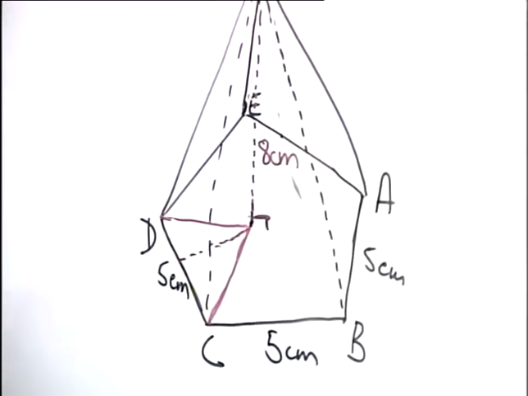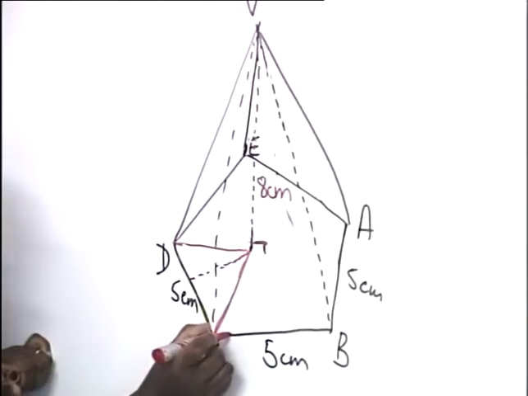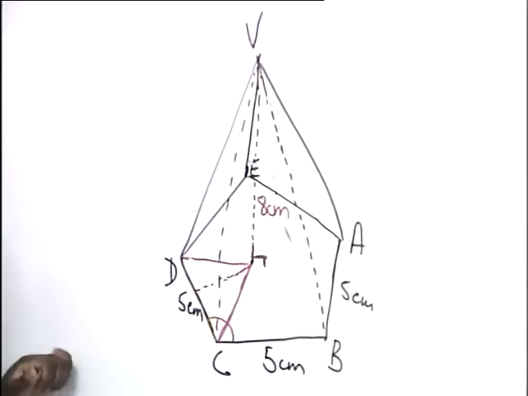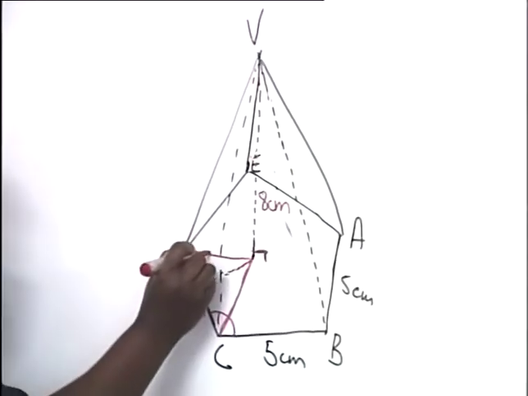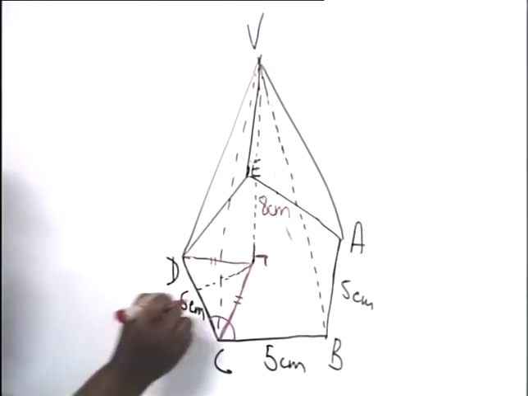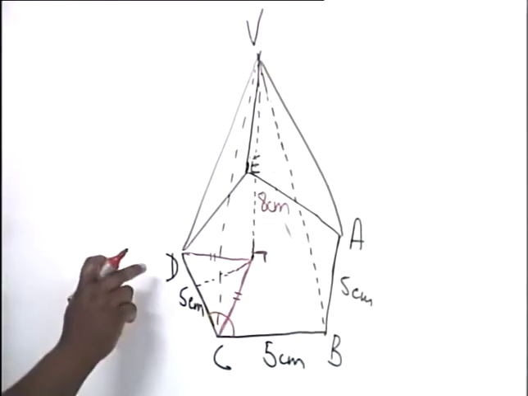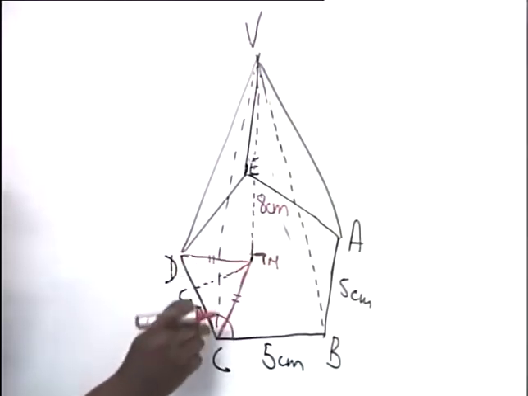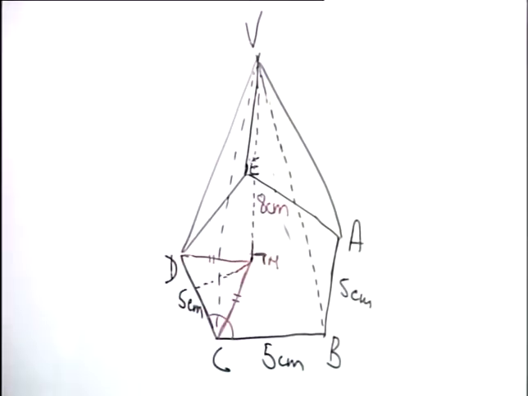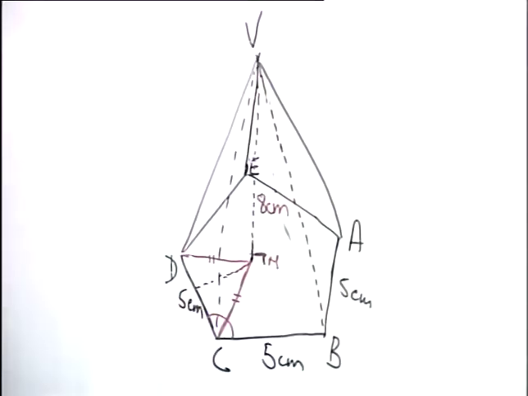We know that in a pentagon, this angle here is equal to 108 degrees. This triangle is an isosceles triangle. Maybe I can just put a letter here. DMC is an isosceles triangle. We know that this is 108 degrees. We divide by 2 and we get 54 degrees.